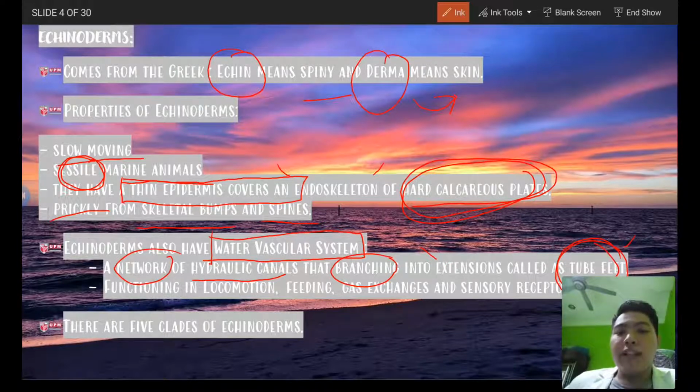So what does this water vascular system do for these echinoderms? The water vascular system helps in locomotion, feeding, gas exchange, and as a sensory receptor. So there are 5 classes of echinoderm.